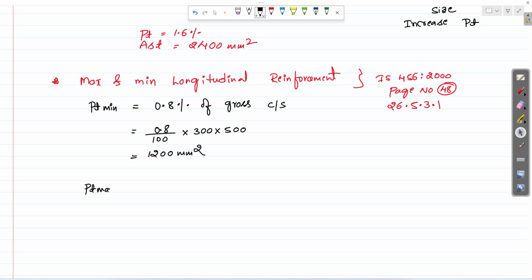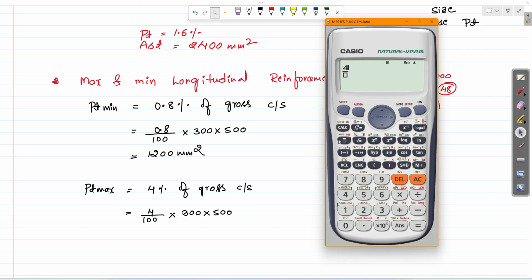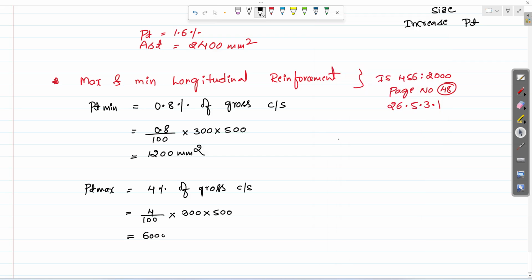So PT max will be 4% of gross cross-sectional area. So 4 divided by 100 multiplied by 300 multiplied by 500, which will be 6000 mm square.